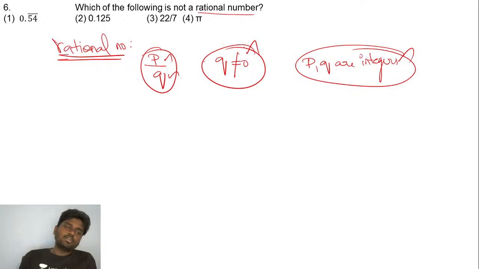And if you try to go for the options, the first option, 0.54 bar, is actually a recurring decimal.